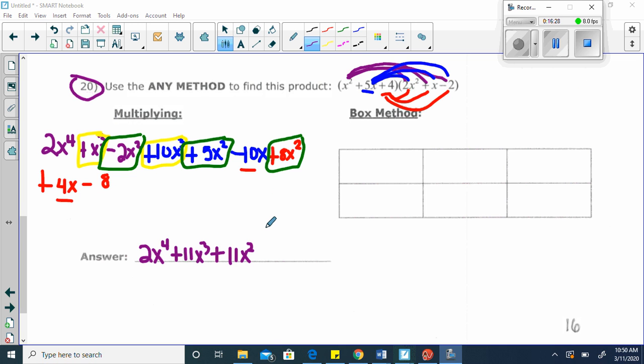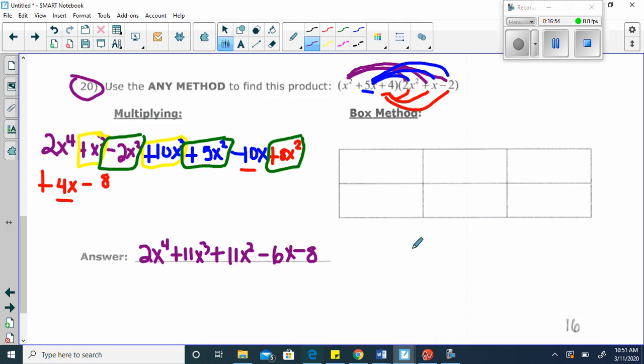Okay, so if we add our x squareds together, we have 11x squared from 5x squared minus 2x squared plus 8x squared. And then if we combine our negative 10x plus 4x, we'll have a negative 6x. And we bring down that negative 8 as well. So here we have a polynomial in standard form with a degree of 4.